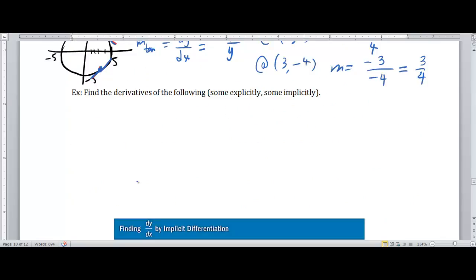Let's do some more derivatives. So let me write down some examples for you. The first one is, let's take the derivative of x to the 4th. Let me write down all these examples.